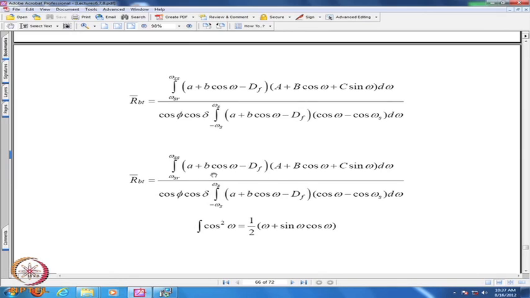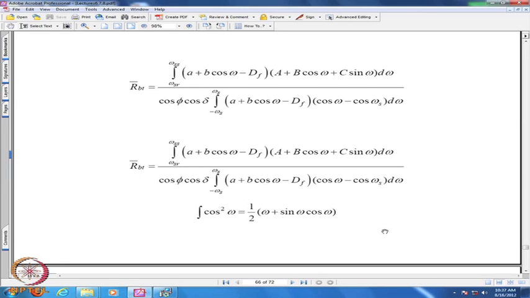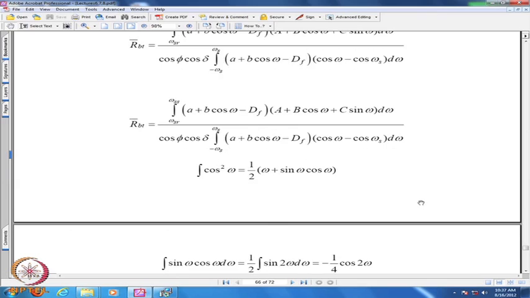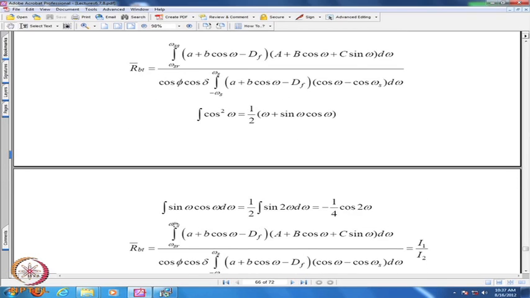Integration will be b into this; b cos omega will be giving me cos squared omega. To make you feel comfortable, cos squared omega has a simple integral, omega plus sin omega cos omega. The other thing, somewhat less complicated, is sin omega cos omega d omega, which is half of sin 2 omega d omega, is minus 1/4 of cosine 2 omega.